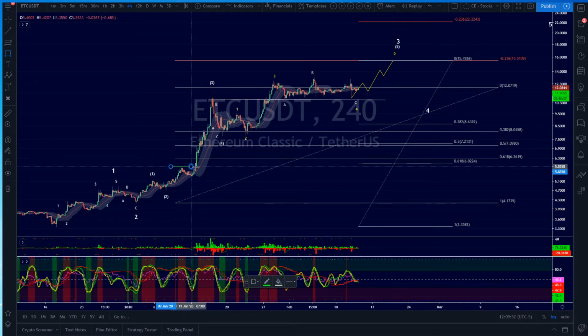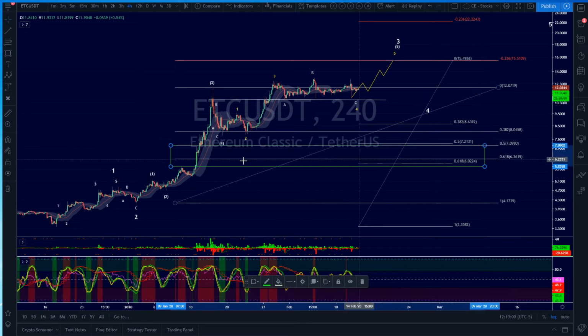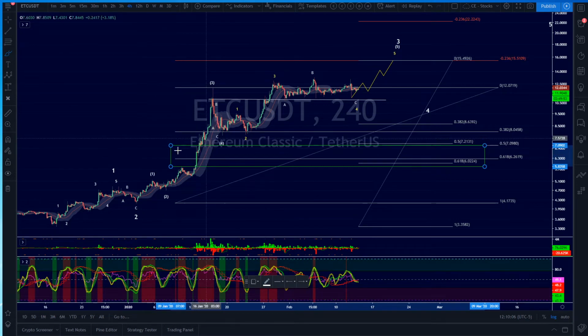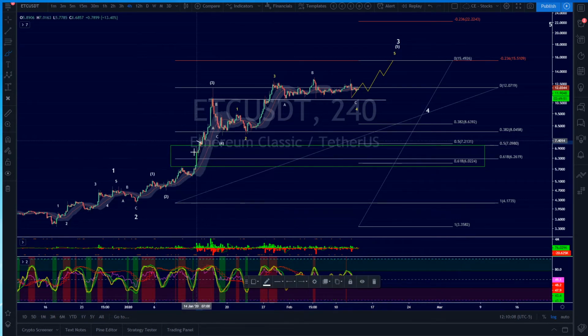So we've got this level right here, moving ourselves to the top of this zone. This is where I'd be looking for Ethereum Classic to do a retrace. Depends on how strong this is, but it really wouldn't surprise me for us to come back to where this level had support and resistance confluence, and then down here at the bottom, where we have resistance as well.